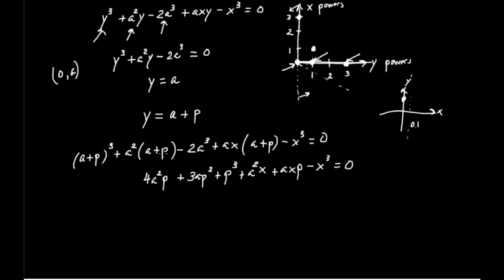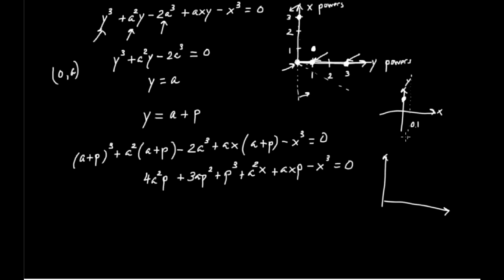And the point here is that what we get out of this is a polynomial in terms of the unknown variables p and x. You can see that this is just a polynomial in terms of, instead of x and y, we now have x and p. Now I'm going to apply the exact same procedure here that I was applying up here for x and y, but now for x and p.